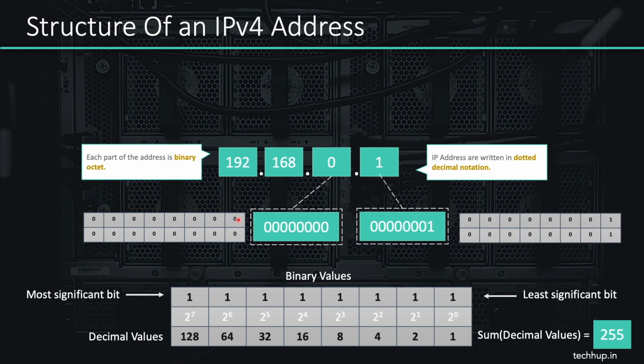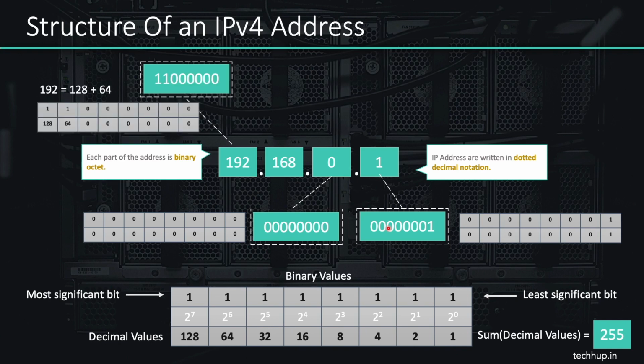And if you have a 1 anywhere, as in the case of the last octet, you can see that for the least significant bit, we have a 1 in the decimal place, so the corresponding binary value is 1. But for the remaining 7 bits, the decimal values are 0, so the corresponding binary values are 0, and hence this is the binary representation of the last octet.